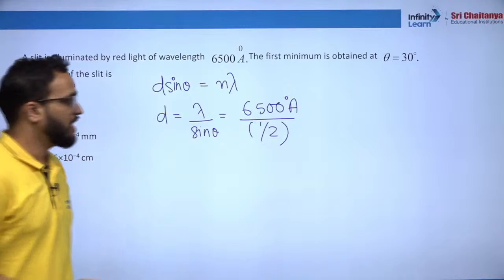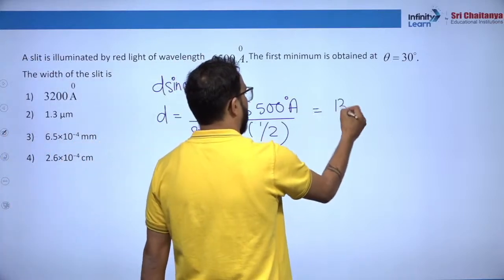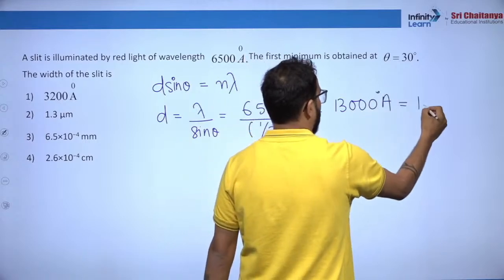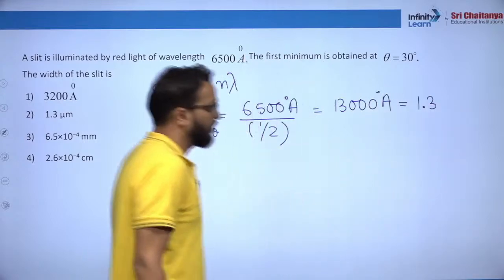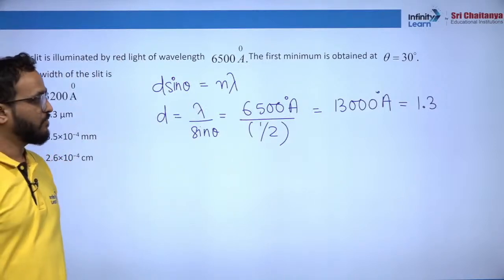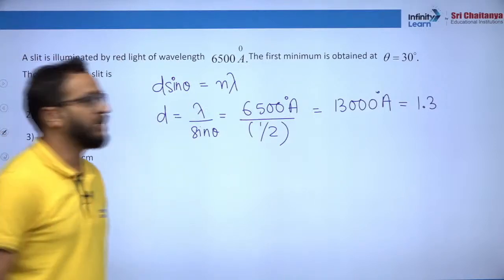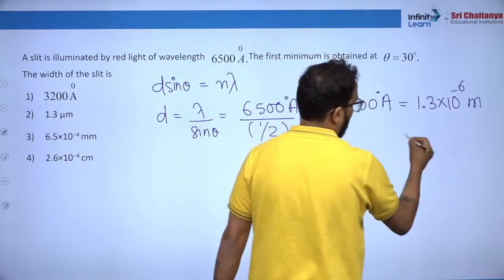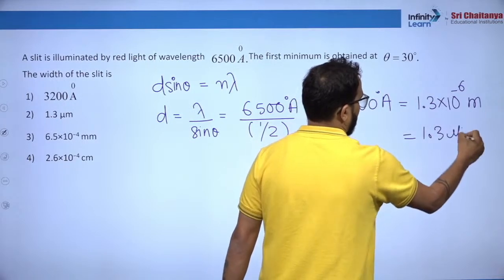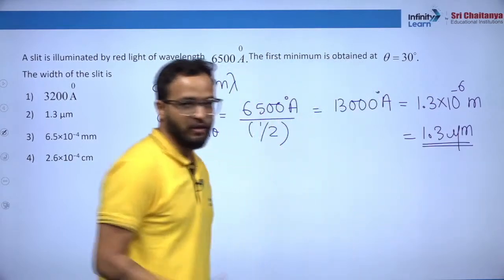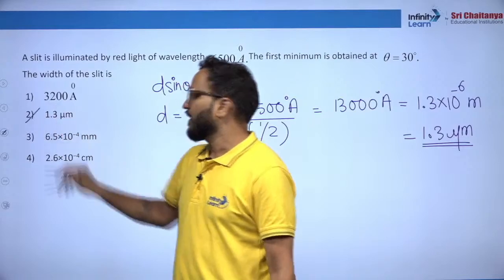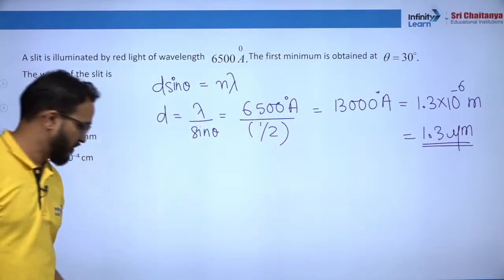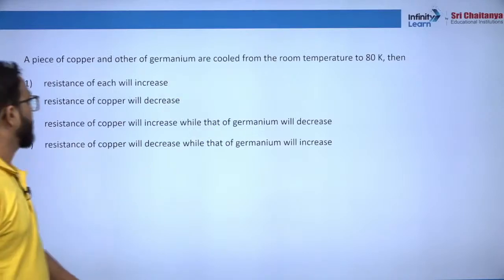So it will be 13,000 angstroms, which will be 1.3 into 10 to the power minus 6 meters, or I can say 1.3 micrometer or micron. So which option is correct? Second option is correct, 1.3 micrometer. Did you understand? This is the simple way of solving this question. Let's move on to the next question.